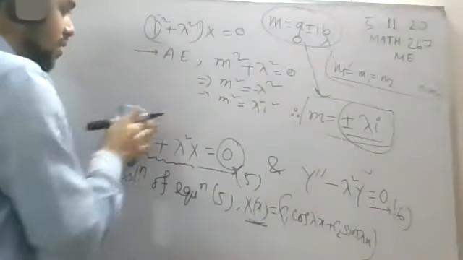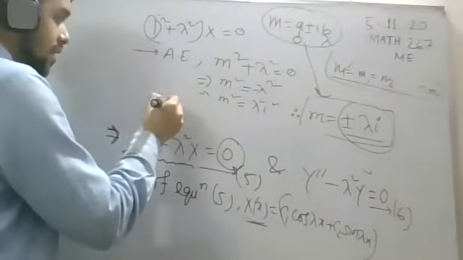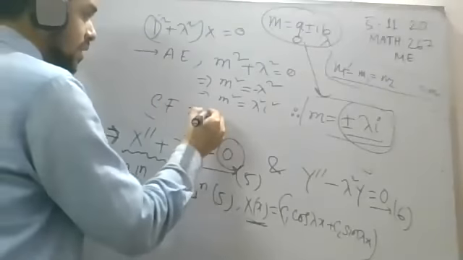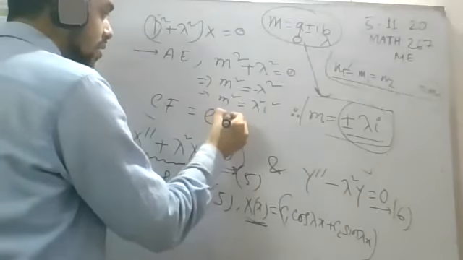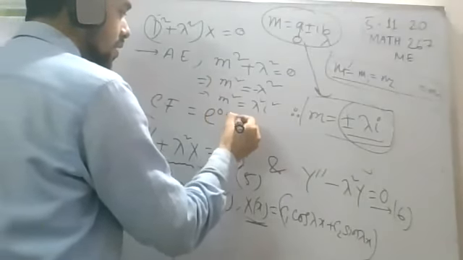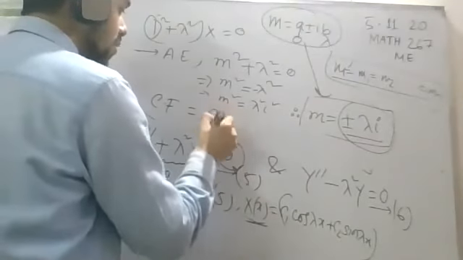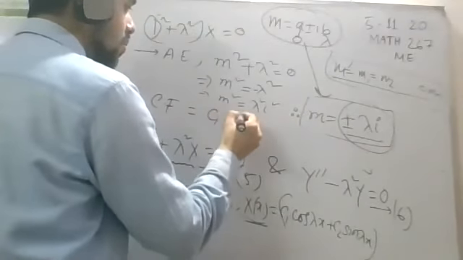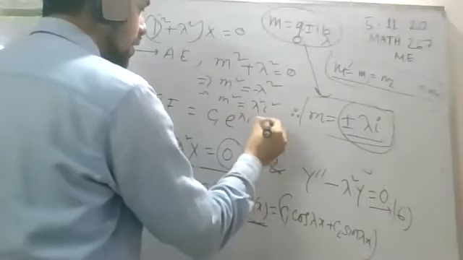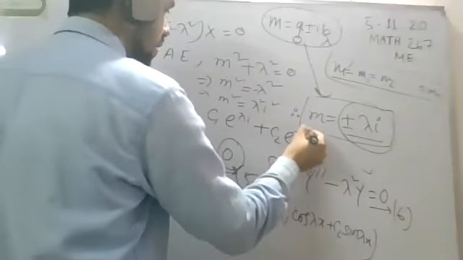You can also say that this complementary function can be written as e to the power 0x (C1 e to the power lambda ix plus C2 e to the power minus lambda ix). That means the formula we had: C1 e to the power lambda i, here C2 e to the power minus lambda i.